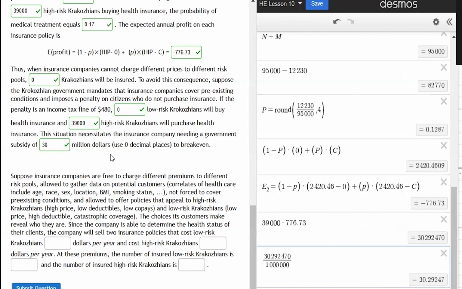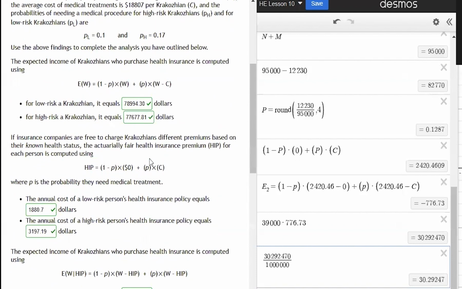The choices its customers make reveal who they are. In this situation, the insurance company will be allowed to create policies for different risk profiles.